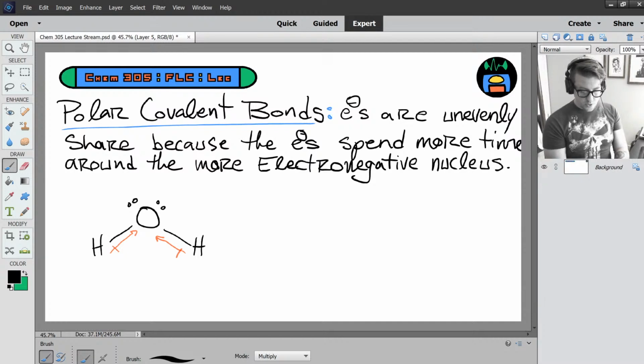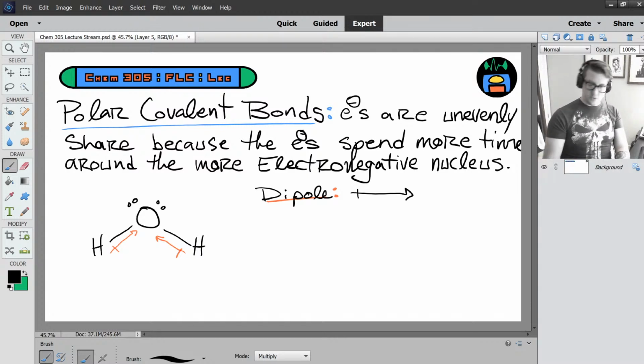These arrows that I'm drawing are called dipoles, and they indicate an uneven electron distribution. With a dipole arrow, you'll notice that there are two sides. There's the arrowhead, and then there's a little tail with the hatch mark through it.